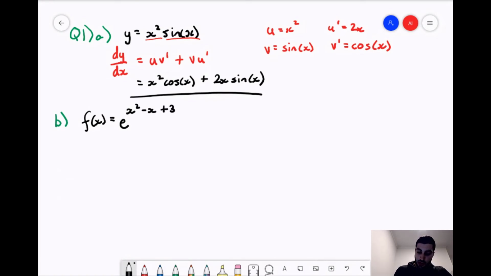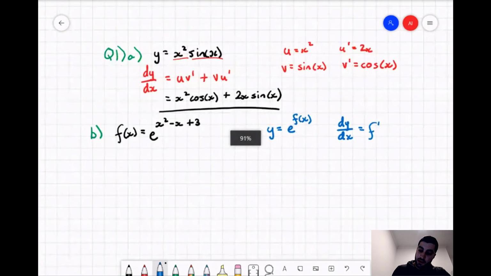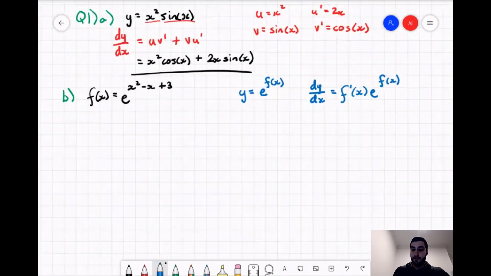And the form that I like to remember for exponentials and their derivatives is the following. So if we have, in general, this function y here, and we want to find dy dx, similar to what we have for this specific example, well, we know that's just going to be the derivative of the power by what's already there, essentially.